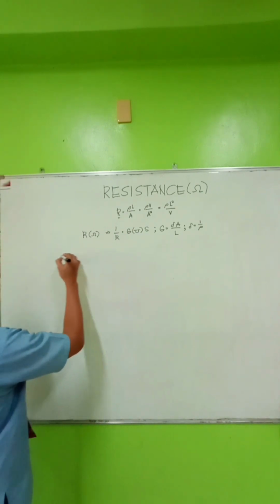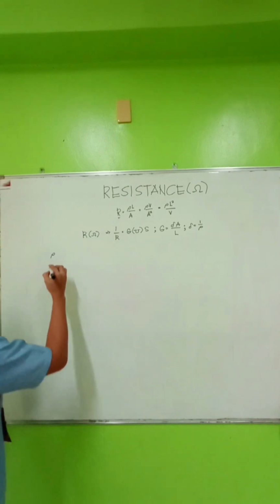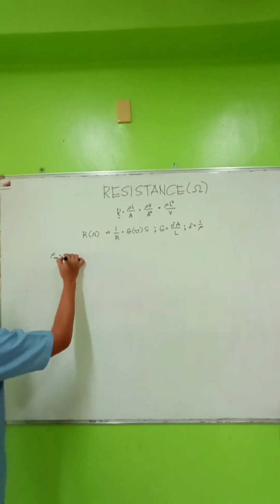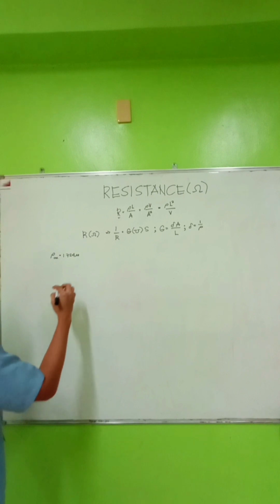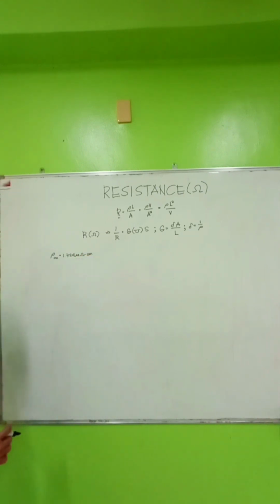Okay. Resistivity. Each material has a different resistivity. For example, for copper, our resistivity is 1.724 micro ohm centimeter. Okay?